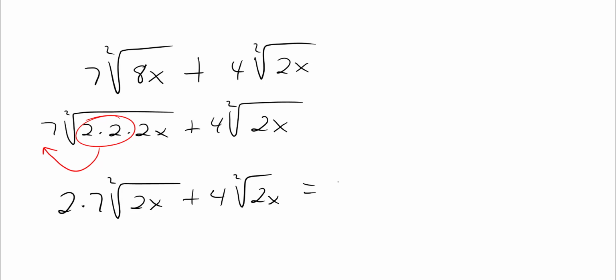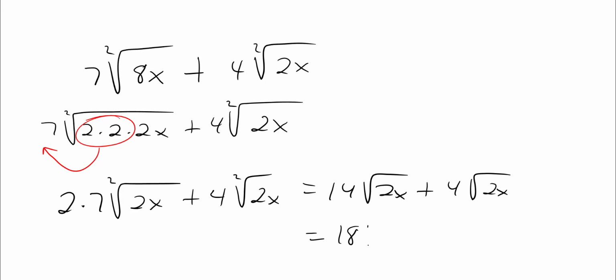So that gives you 14 times the square root of 2x plus 4 times the square root of 2x, and that equals 14 of those plus 4 of those is 18 square root of 2x. And that's your answer. Okay?